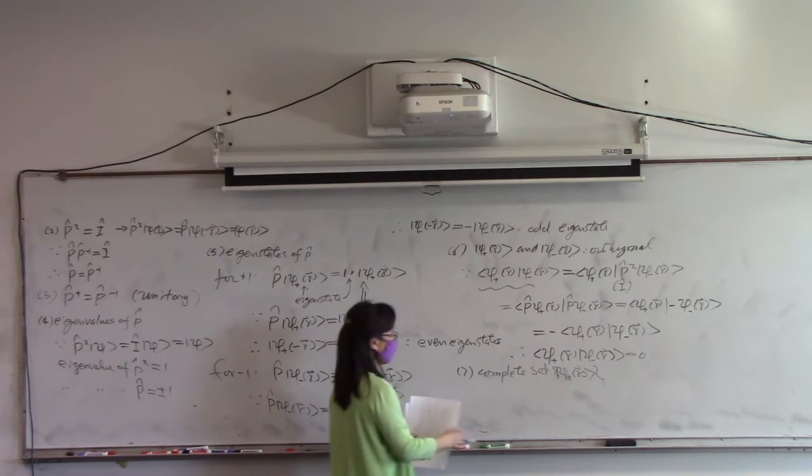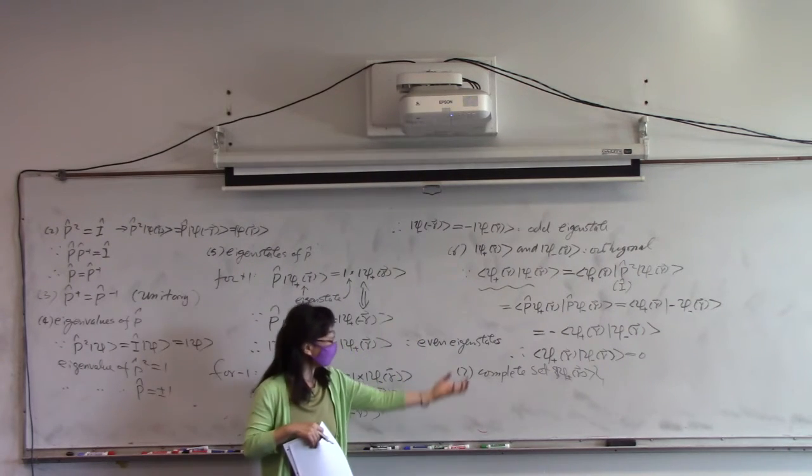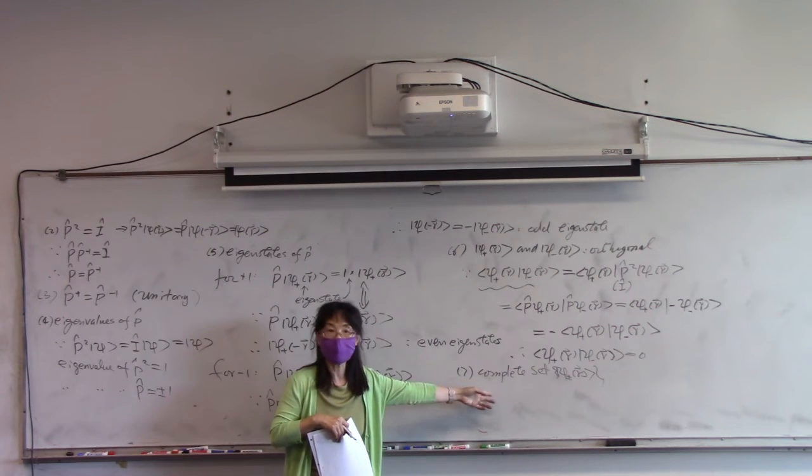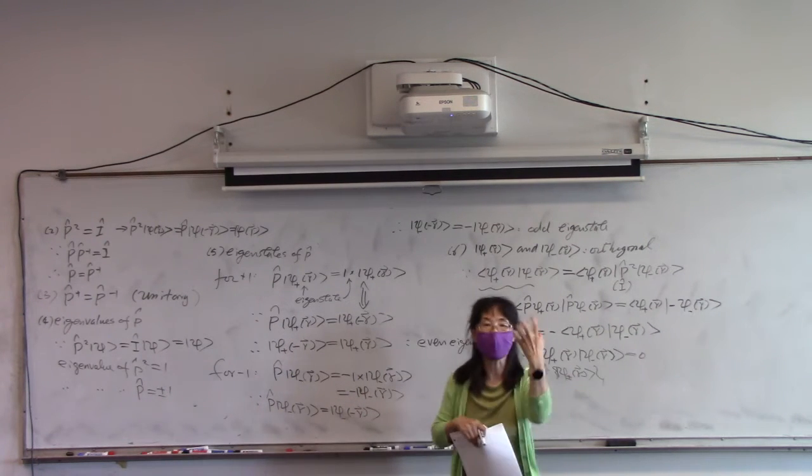Now, complete set means any vector can be spanned in terms of those. Complete also means it's like a basis vector, right?